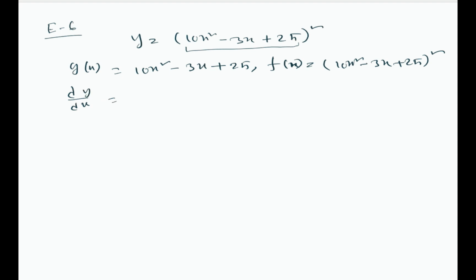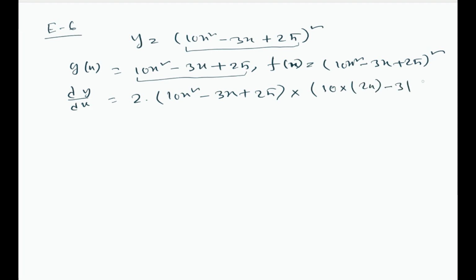So the derivative of this function dy/dx is equal to, first take the derivative of the outside function, so we need to apply the power rule here. So 2 times the base, which is 10x squared minus 3x plus 25, and all to the power 2 minus 1. So we don't need to write this one. Now we need to take the derivative of the inside function. So 10x squared. Here we need to apply the power rule and constant multiple rule. So we can take 10, then the derivative of x squared is 2x, right?